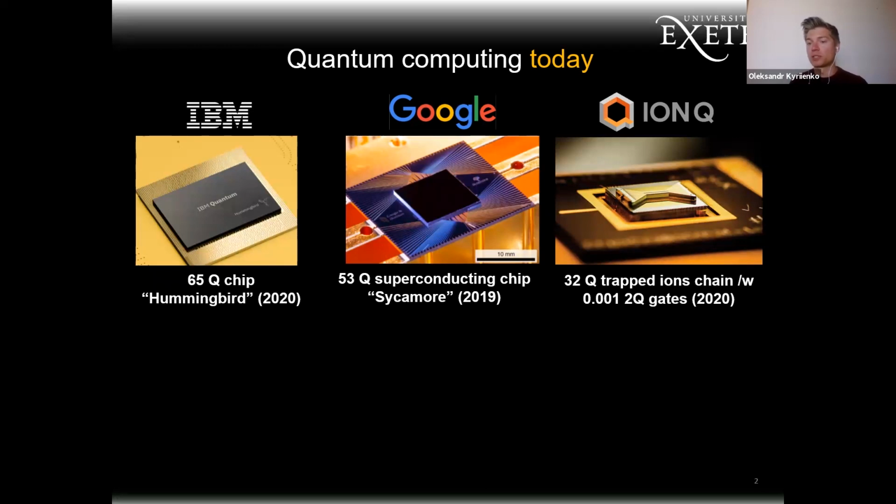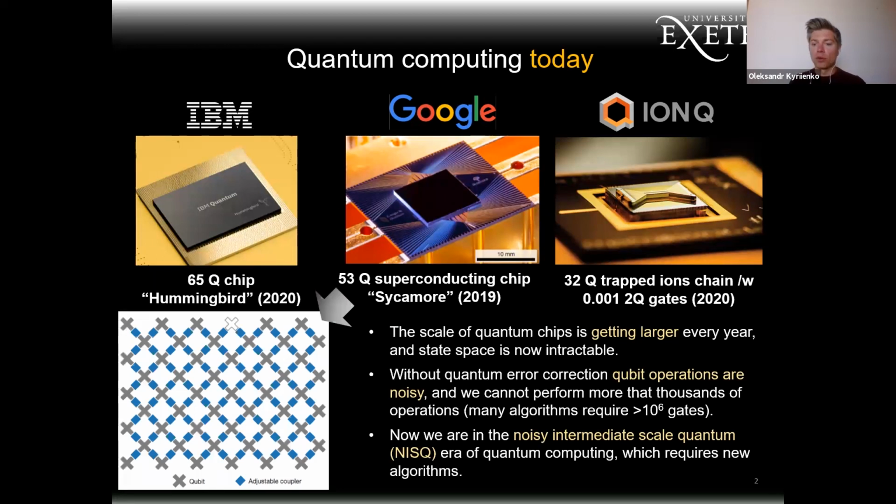All systems are growing in size. But even though they improve year by year, we know that operation is noisy, and unless we can implement really deep circuits, we are staying in the near-term regime. This noisy intermediate-scale quantum computing will be very different from FTQC, and it requires some special solutions.